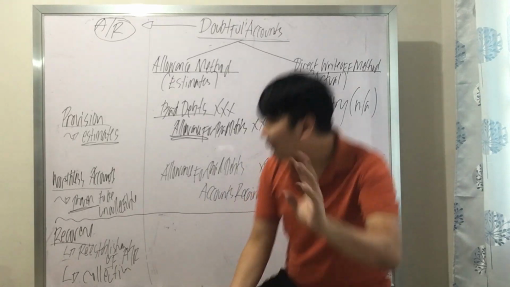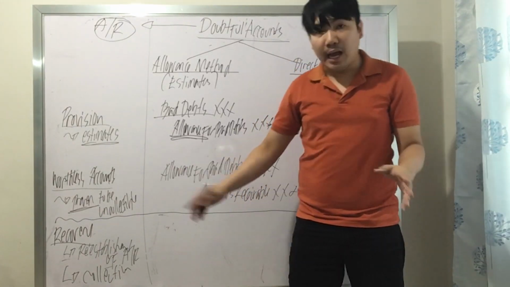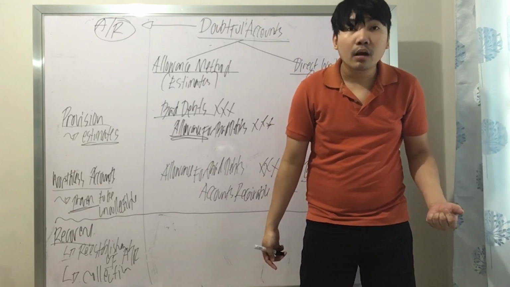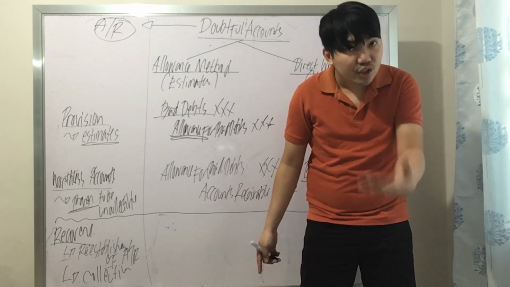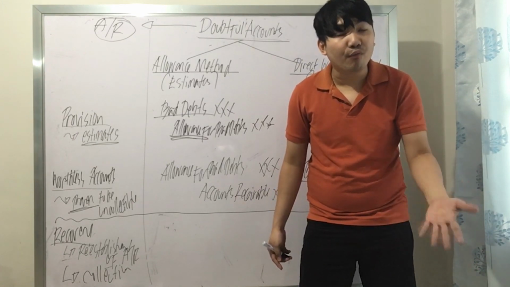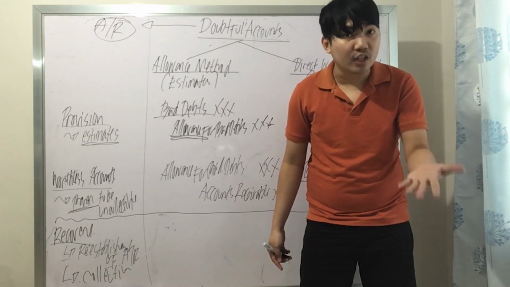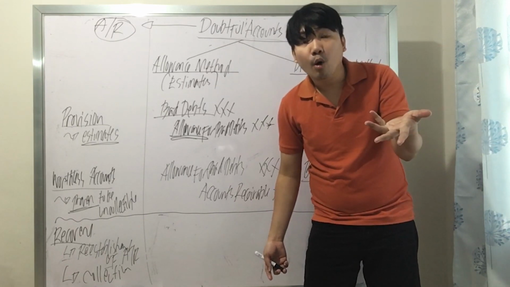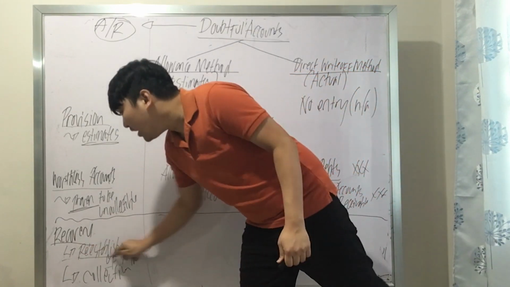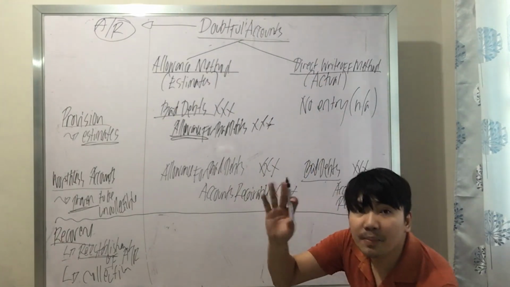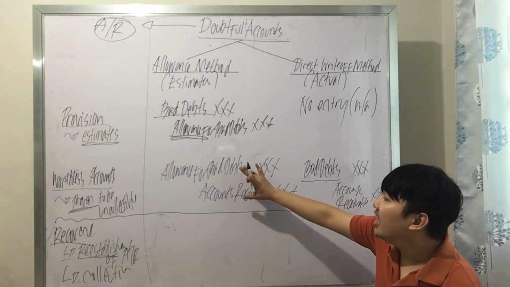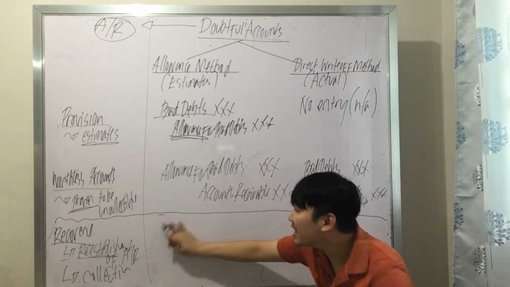Kasi di ba sabi ko sa inyo, pag ni-write off mo na yung account, binaon mo sa limot, kinansel mo na yung AR, eh nagbabayad siya. Ang tanong, meron ka bang records ng customer default na? Yung defaulted customer mo na ni-write off mo na, may record ka pa ba dito ng balance niya? Wala na. Paano mo i-record yung collection kung hindi mo i-re-establish yung AR niya? I-revert back mo to. So, mangyayari, reversal. Meron kang reverse entry.